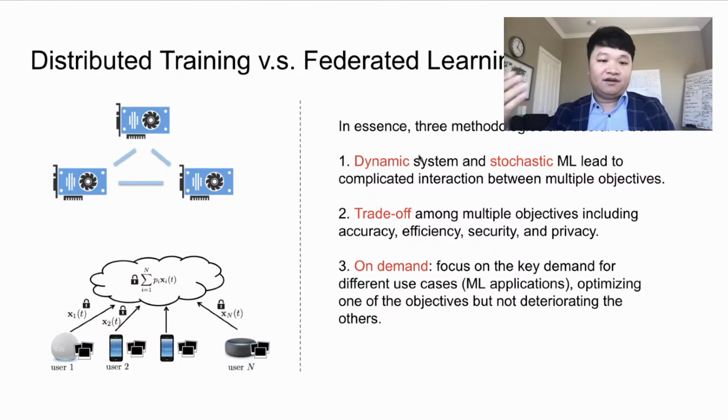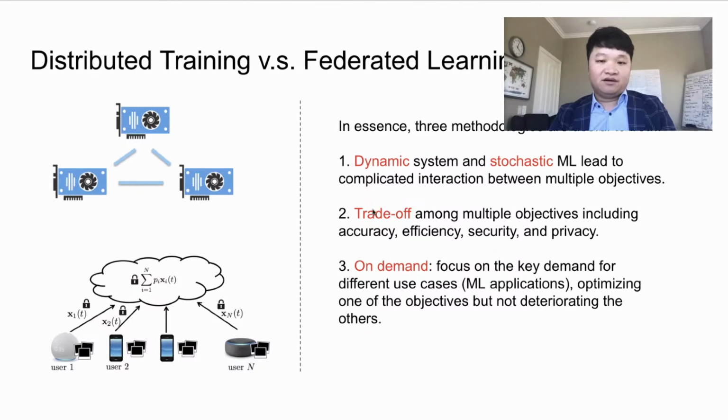Dynamic system here means the resources, for example the GPU resources, may be dynamic when you do training, and the number of users may also differ in different phases of training. Stochastic here means we may use different distributed optimizers, for example Adam or federated optimization methods. This is quite complicated, so we should think from the interaction of these two.